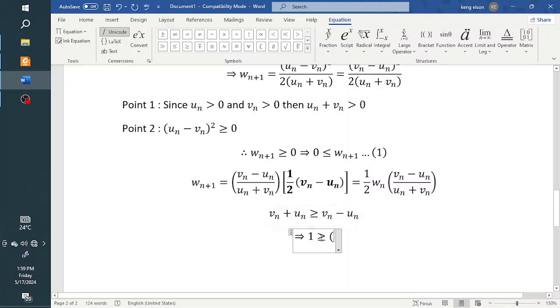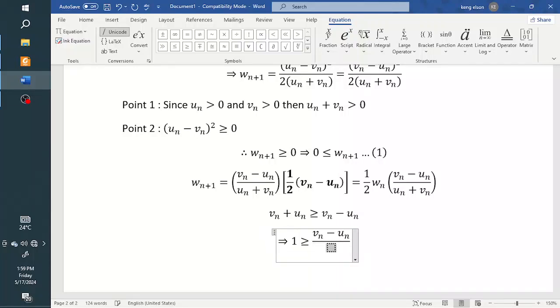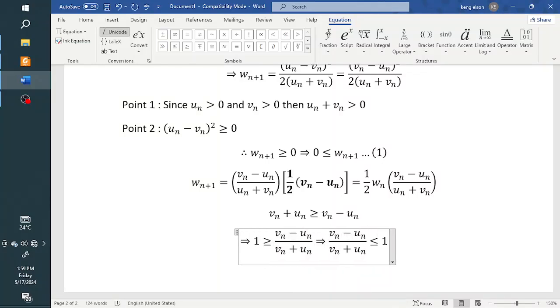The inequality sign will not change because I'm dividing both sides by a positive quantity. This is positive, we saw it from the beginning. Now if 1 is greater than something, it means that the thing is less than 1.